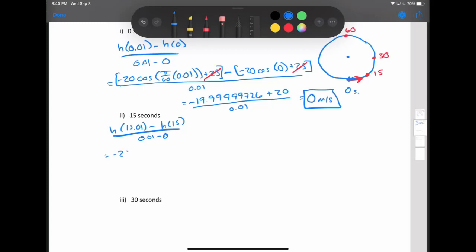But that's going to be negative 20 cos pi over 60 times 15.01 plus 25, minus negative 20 cos. Again, I'm just going to take a little shortcut here because pi over 60 times 15 in my head is pi over 4.